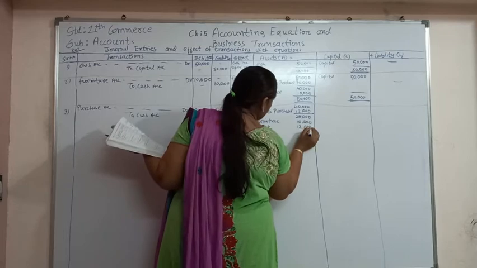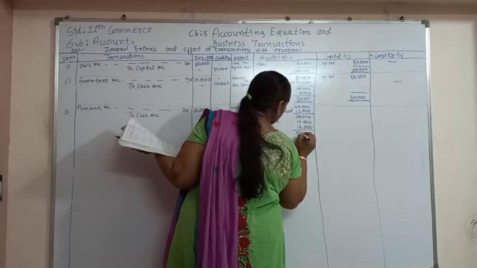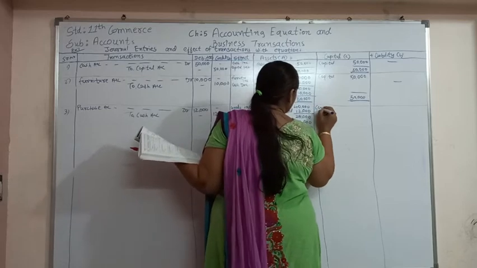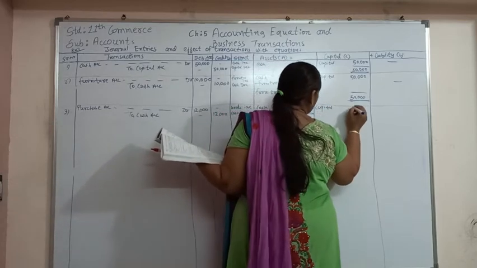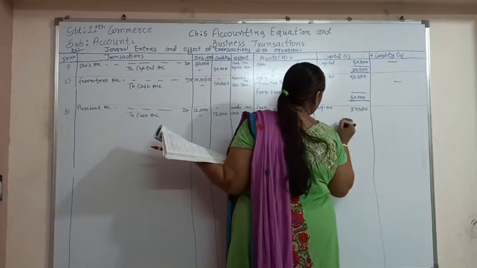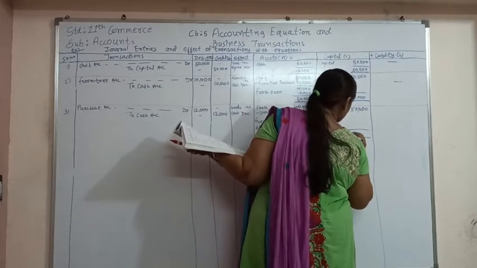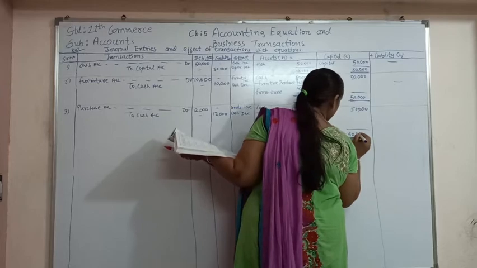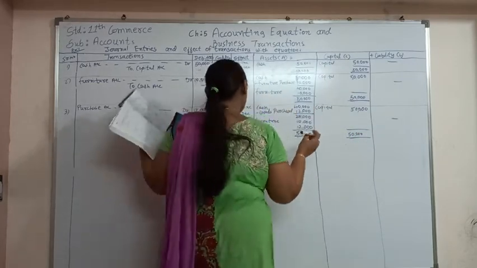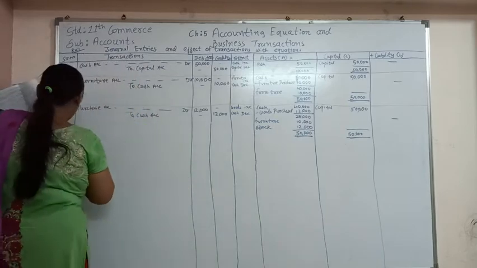So the total of this is again 50,000, and the capital is also 50,000. So the total will again be 50,000. So this is the third transaction.